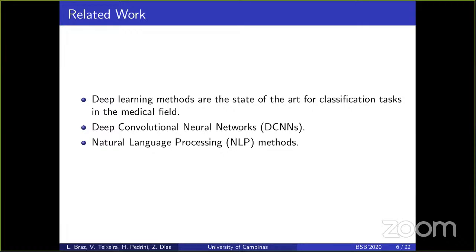Deep learning methods are the state of the art for classification tasks in the medical domain. While deep convolutional neural networks, the DCNNs, are widely used mainly for the image domain, many natural language processing, NLP, methods have been developed to extract structured labels from free text medical reports.